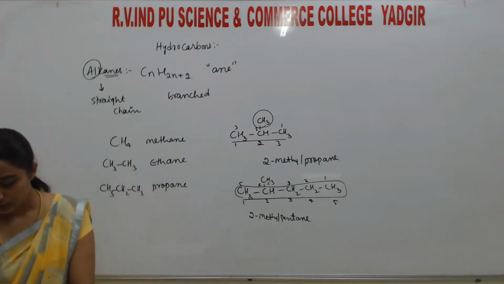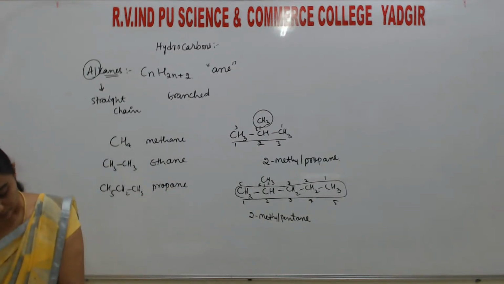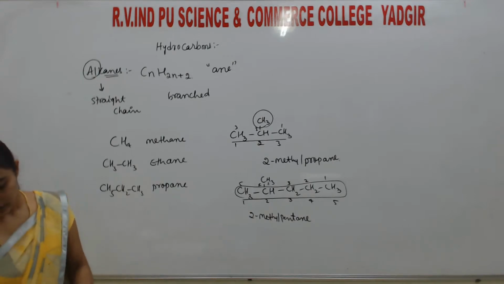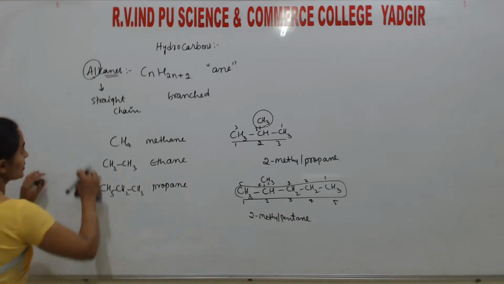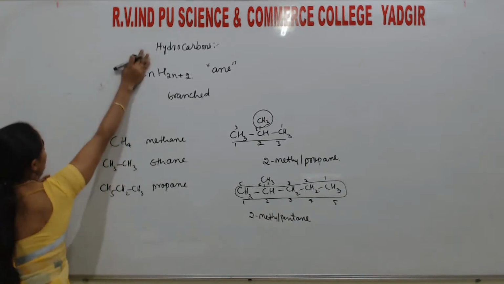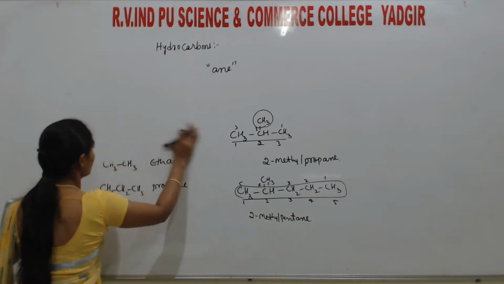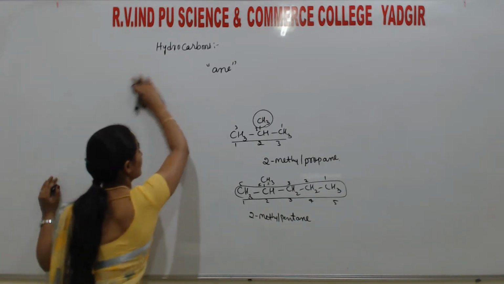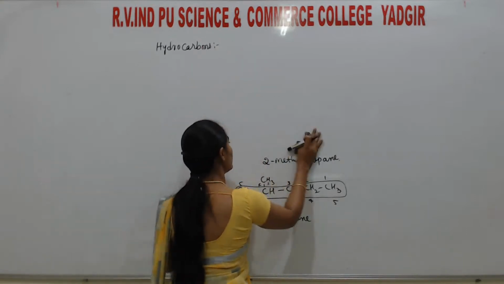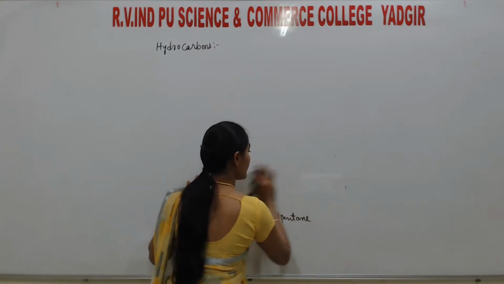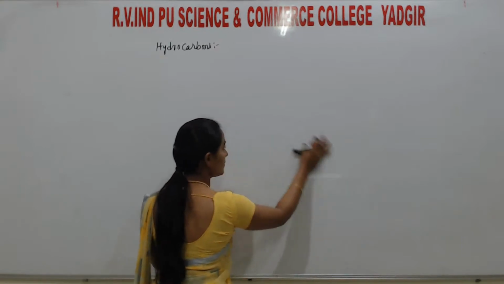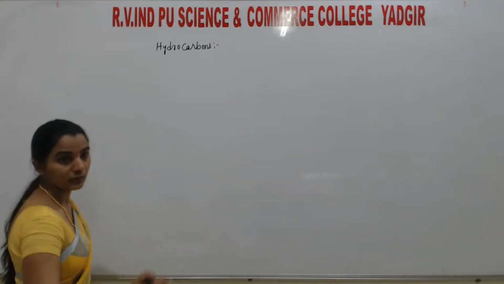Okay, so I'll continue with the next one, means physical properties and their preparation, everything. So before going to that, students, I already explained isomerism in this type of compounds.